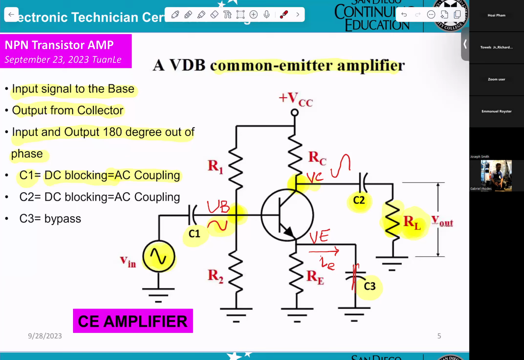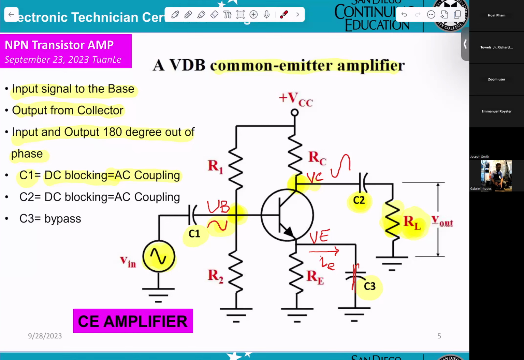Okay, and also for the CE amplifier, you get C1, C2, C3, and you have to understand the purpose of these capacitors.